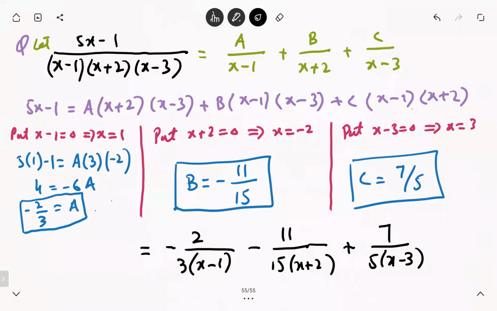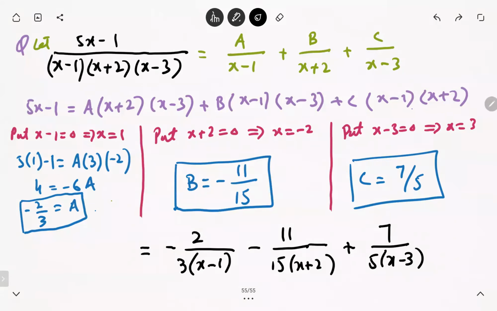Okay, if you observe, अभी तक हमने जितने क्वेश्चन दिए हैं, all the denominators were linearly factorized, mean here you see कि आपका denominator linear, there were all three factors and all three were linear.